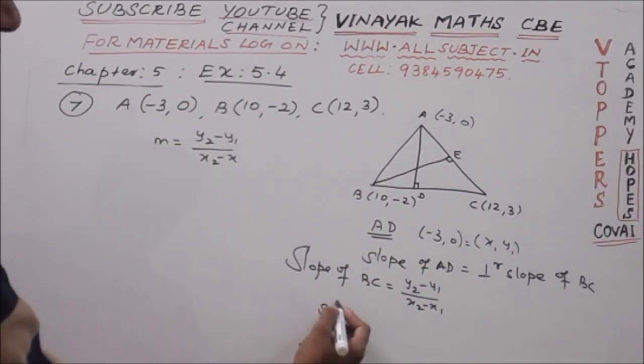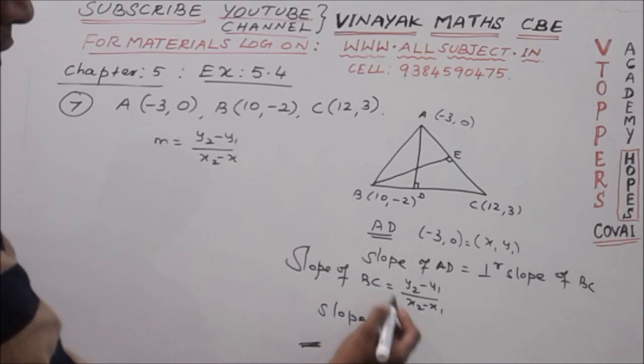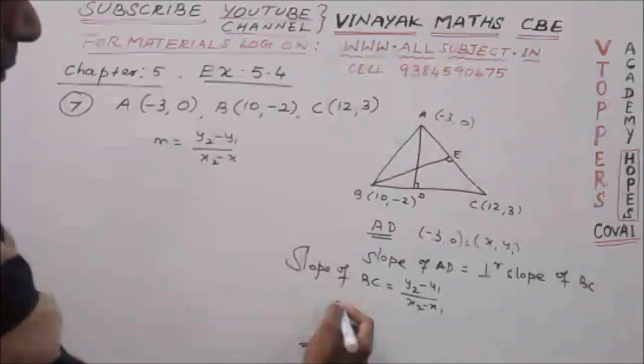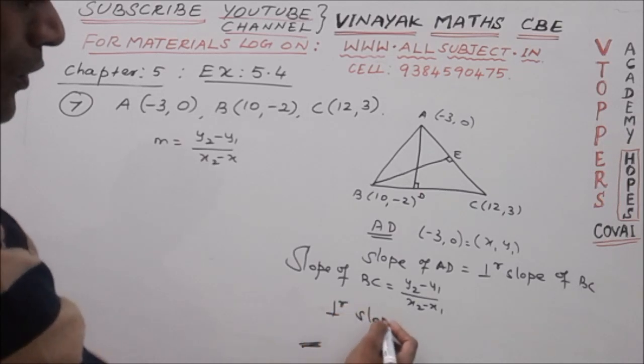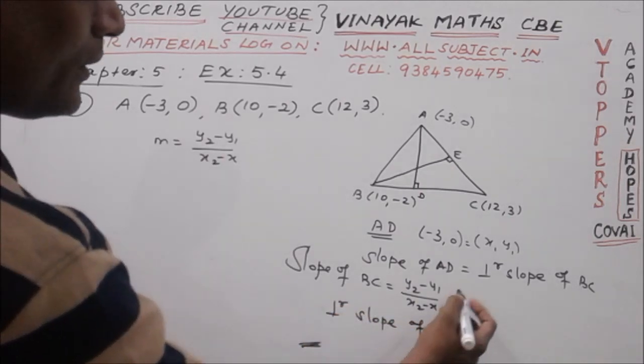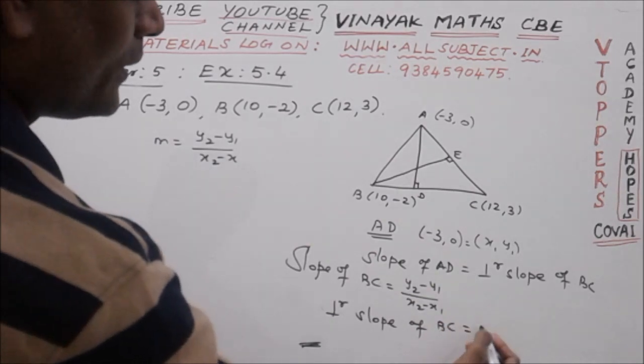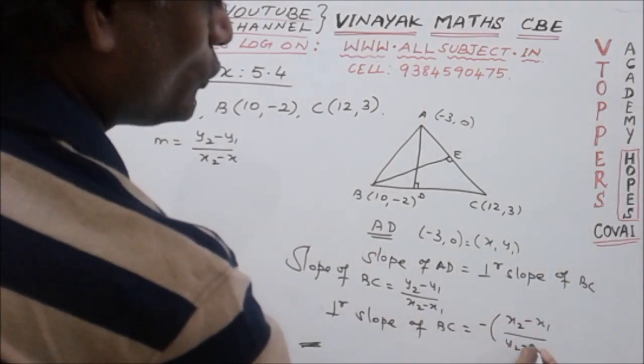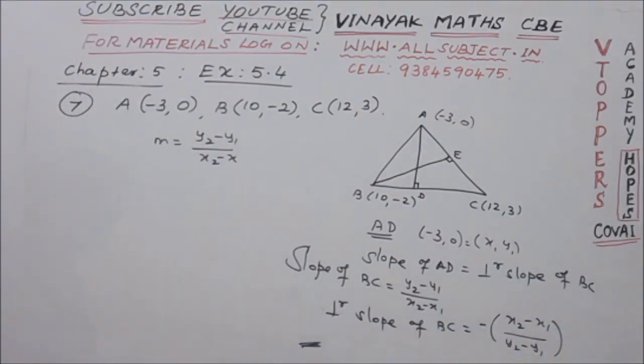So the perpendicular slope of BC, that is the slope of AD, is equal to minus of x2 minus x1 by y2 minus y1. Just reciprocal and change its sign.